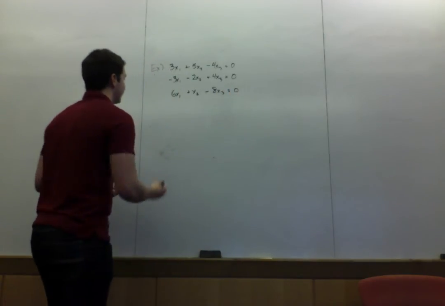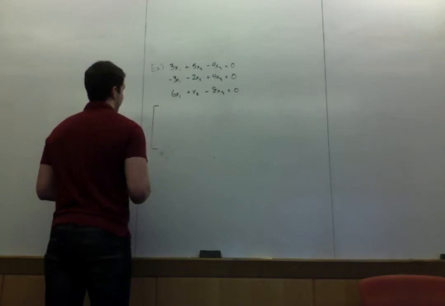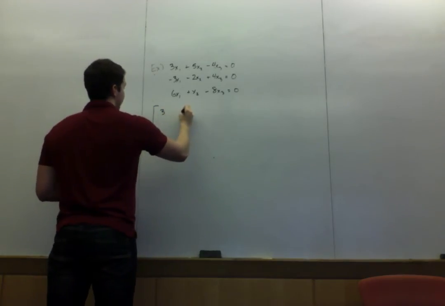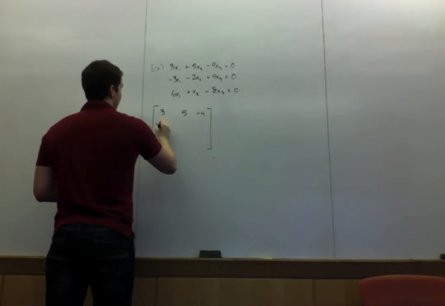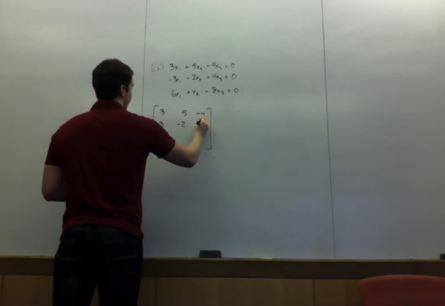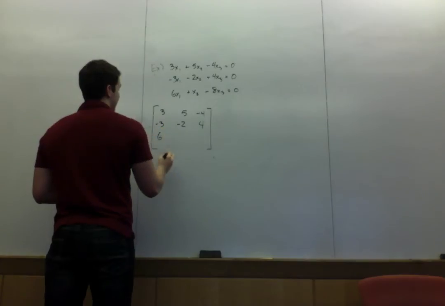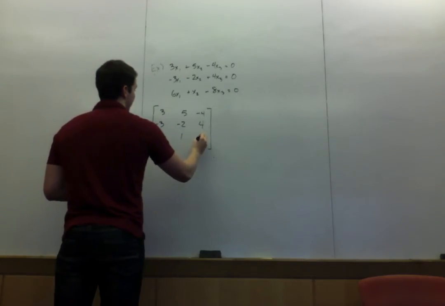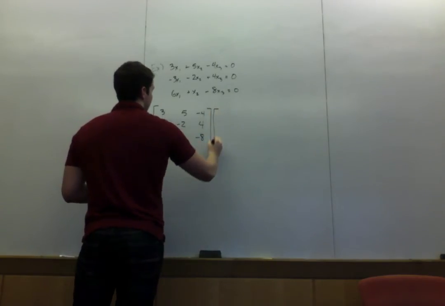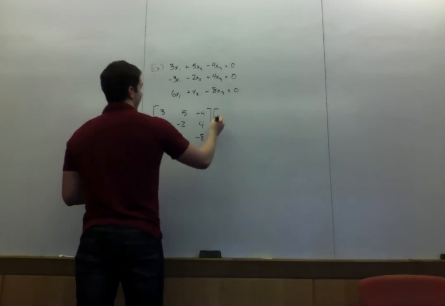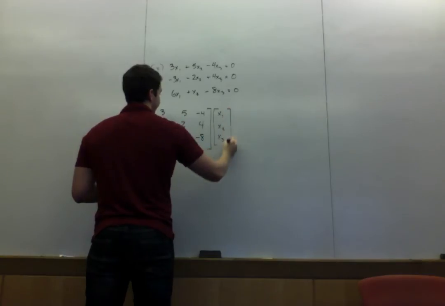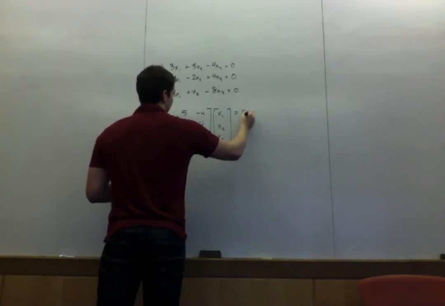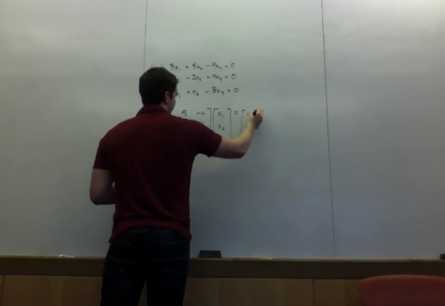Okay, so let's throw this into a matrix. We have [3, 5, -4; -3, -2, 4; 6, 1, -8] times a vector (x1, x2, x3) equals 0.